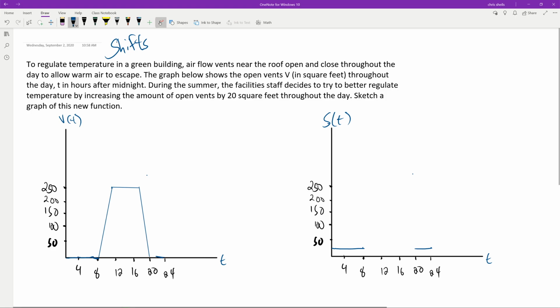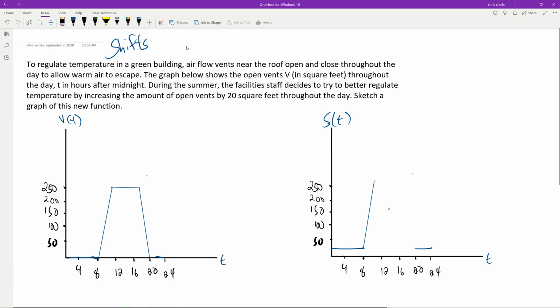I think I can't use the straight line tool here because it snaps to a grid, but we'll see. It needs to increase to a bit more than 250. It needs to increase to what I think would be 270, without having a 270 marker here. All right, I got it to work.